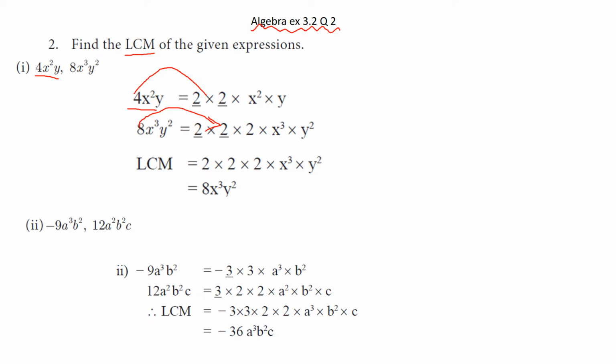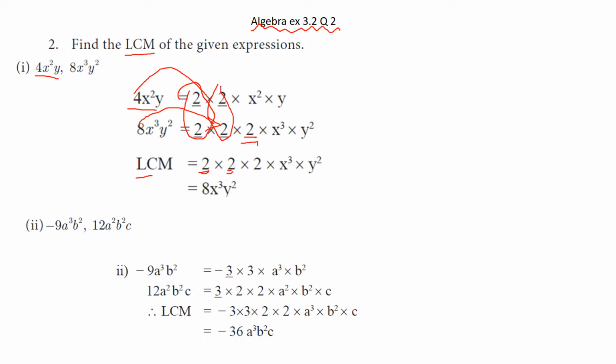Next, how will you find the LCM? First, we take the common in both terms. So here 2 and 2 is common. So write one 2, and also in the next term you write one 2. And the remaining 2 is there, that also you write.